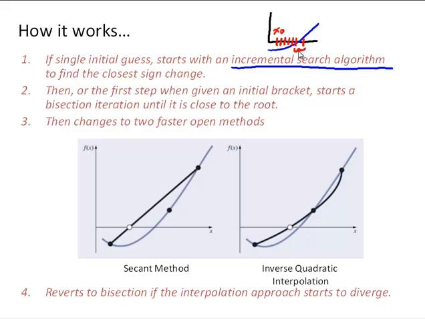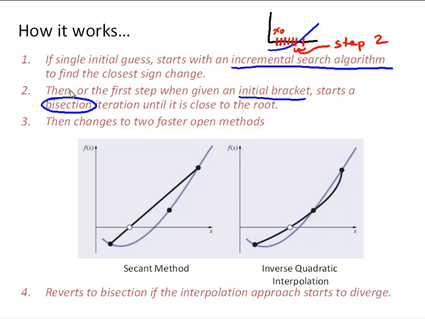So here we got a sign change in the function. Let's go to step 2. It'll also start at step 2 if you give it an initial bracket. So now it knows that it has a bracket with a root in between, and it's going to start a bisection iteration. We've spent plenty of time with bisection, so hopefully you understand how that works.